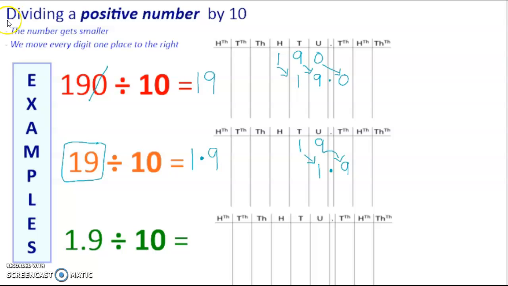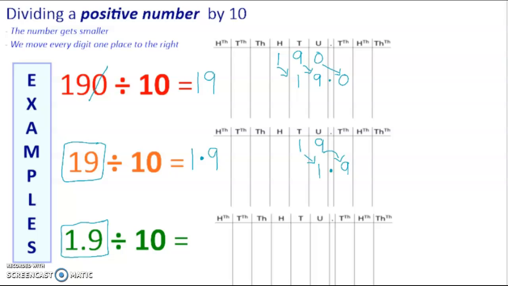Let's take a look at our hardest example now, and that is 1.9 divided by 10. So this is not an integer. This is a decimal, not a whole number. But I can still use this rule to divide by 10. So I put my number 1.9 on my place value chart.